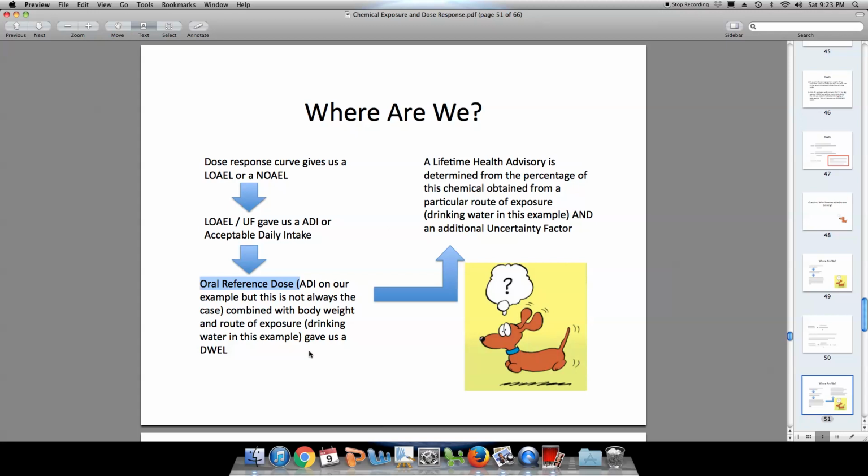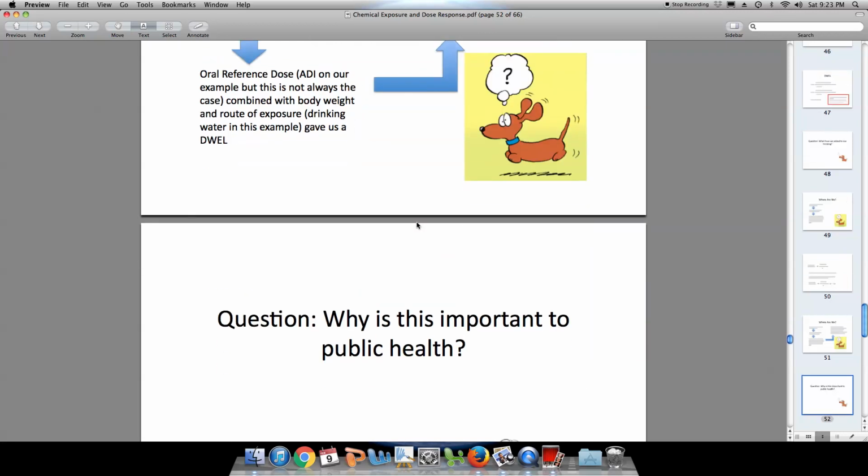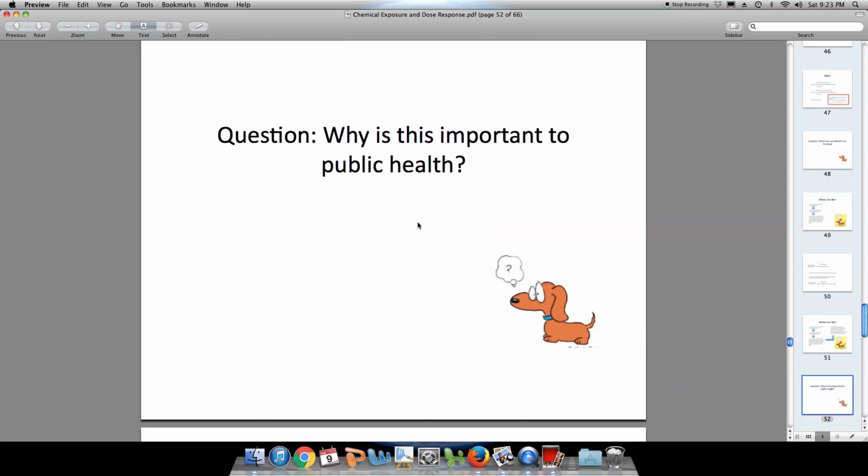Now we've combined that with the body weight and route of exposure to give us a lifetime health advisory obtained from the percentage of this chemical obtained through a particular route of exposure, drinking water in this case, and of course, an additional uncertainty factor. So why is this important to public health?